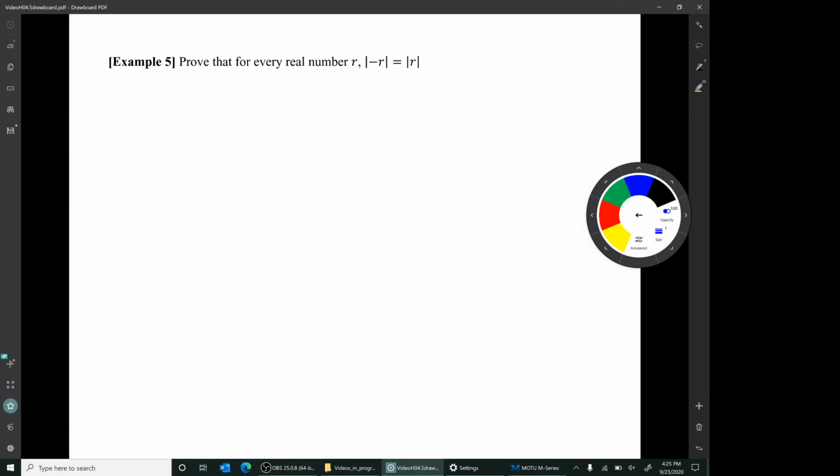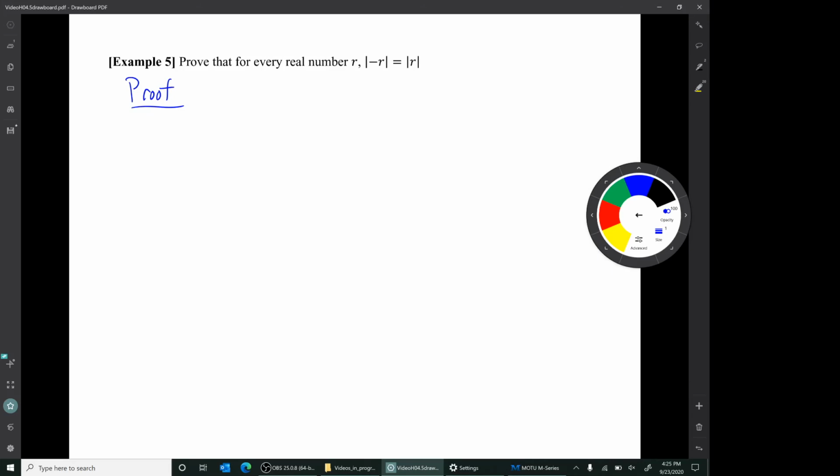Okay, so prove that for every real number r, absolute value of negative r is equal to absolute value of r. Well, this is going to be a proof involving division into cases. Now, we know the proof structure. We have to have a proof by generalizing from the generic particular element.